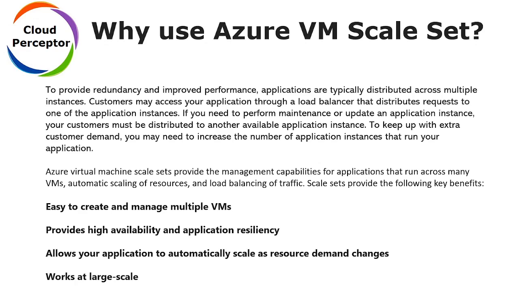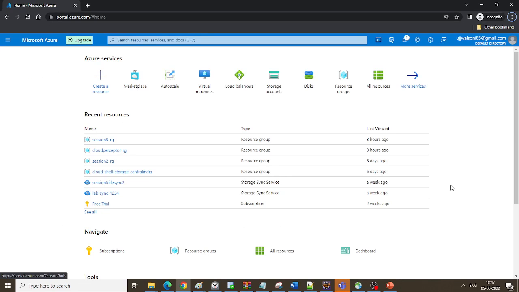So let's go through the hands-on demo and understand how Azure VM scale set can be configured. You need to first log in to your Azure portal. So here I'm logged into my Azure portal. I will go to the marketplace option.